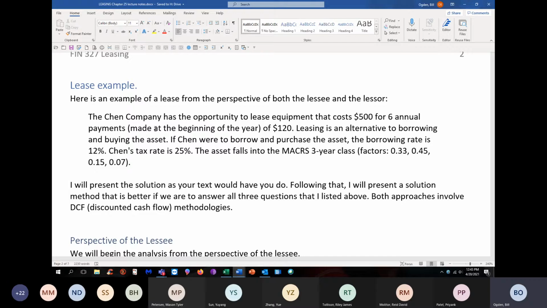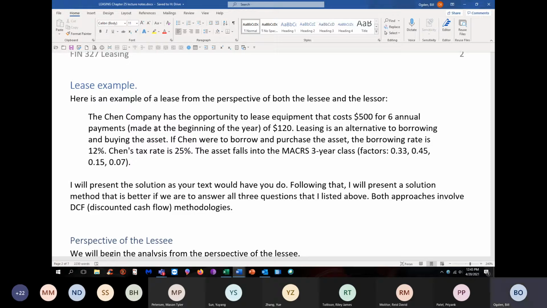The tax rate is 25%. The asset falls into the MACRS 3-year class. And these are the factors. They're slightly different than what you'd find in an accounting book, but let's just use mine. So we'll evaluate this lease from both perspectives, the lessee and the lessor.